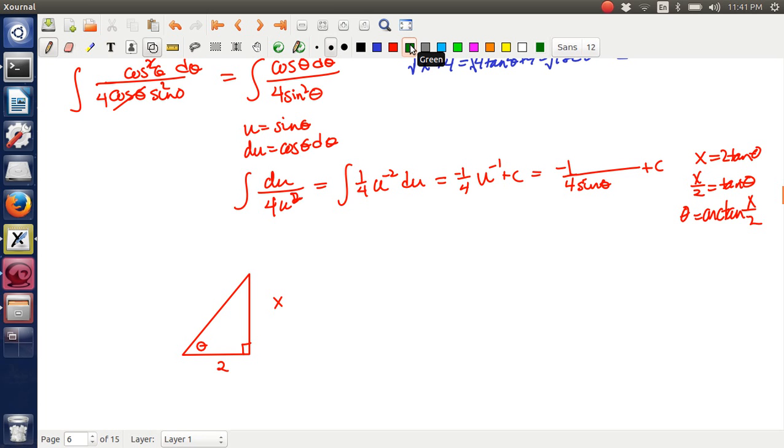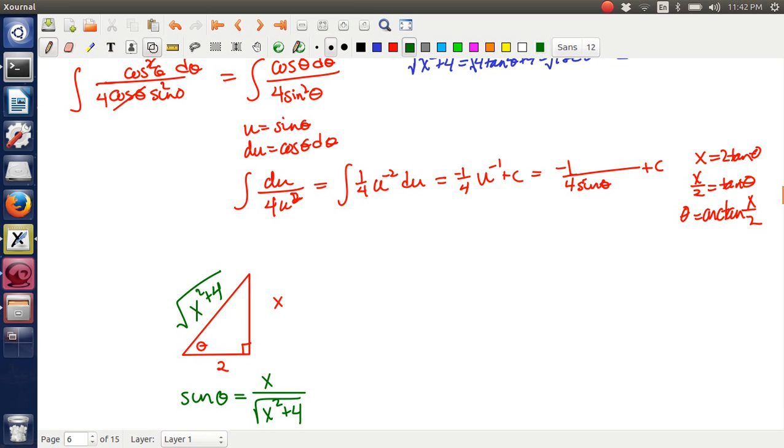Okay, so now what we need is sine of theta. What is sine of theta? In this case, opposite over hypotenuse. There we go, we have a hypotenuse. Or if you're me, y over r, but y is x. Sorry about that. There we go. That is sine of theta.